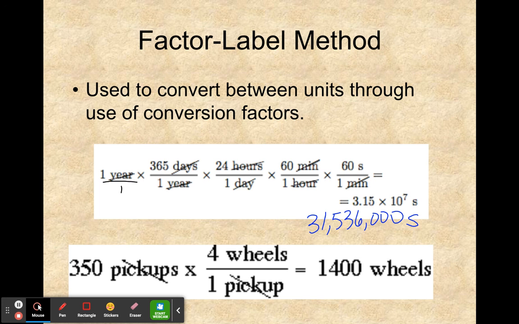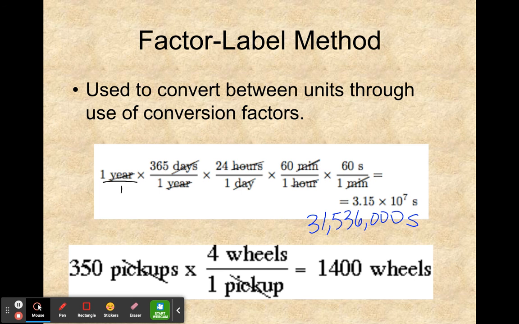You can multiply all of those by crossing out the conversion factors and figure out how many seconds are in a year.